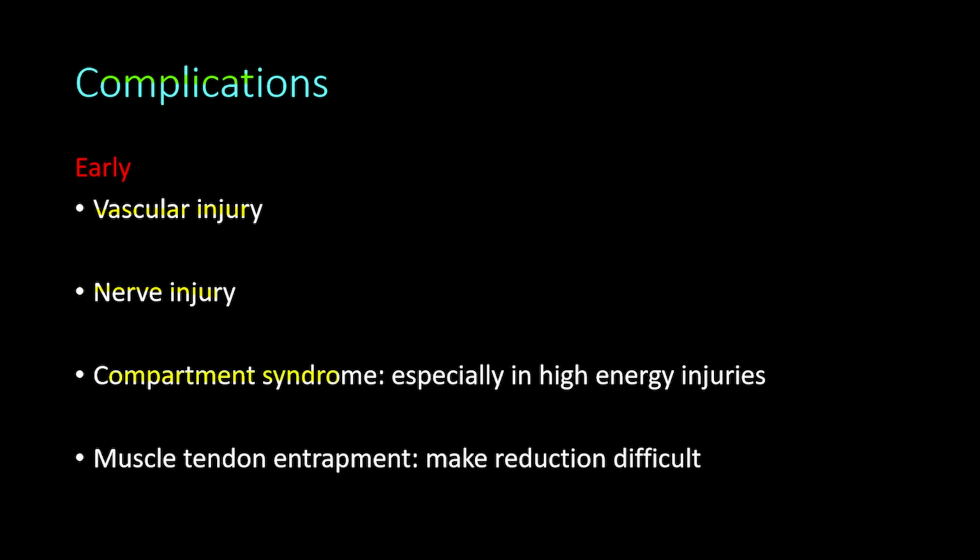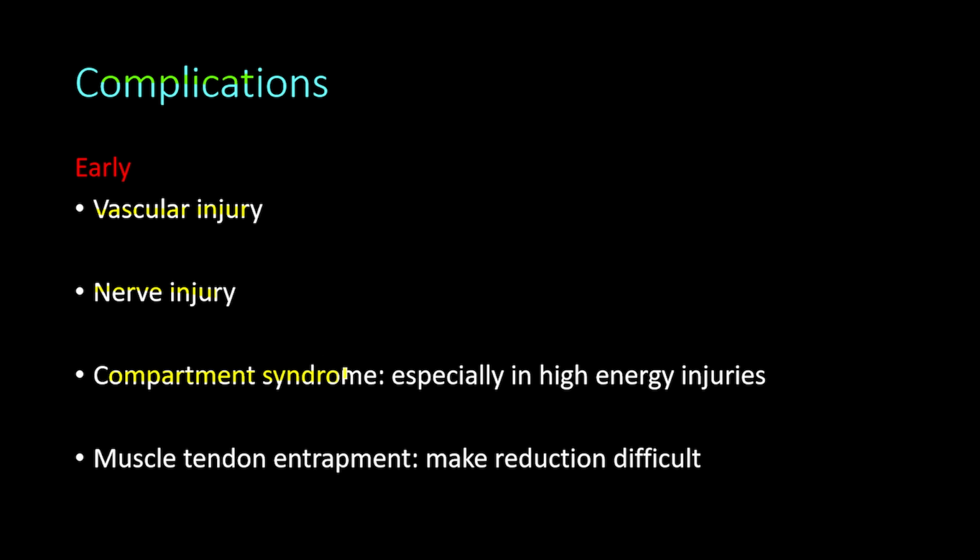Compartment syndrome occurs when the pressure inside the muscle compartments increases, and the increased pressure leads to impairment of the vascular supply to the muscles, and this would end up with muscle necrosis, and it may lead to amputation of the limb. The pressure buildup inside the muscle compartment comes from the muscle swelling that occurs from the muscle injury.